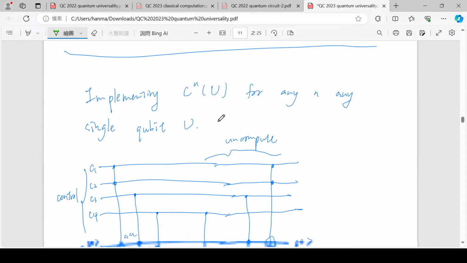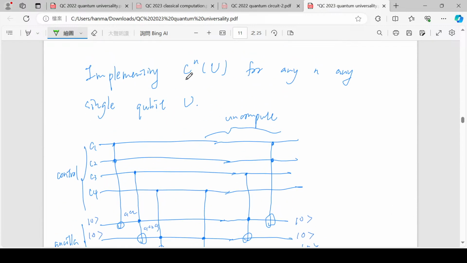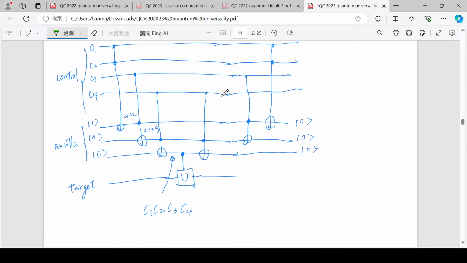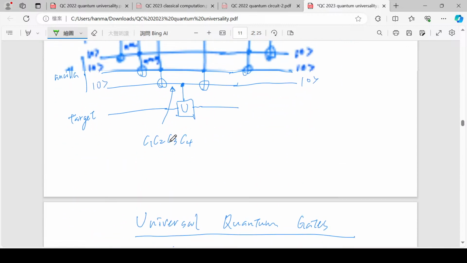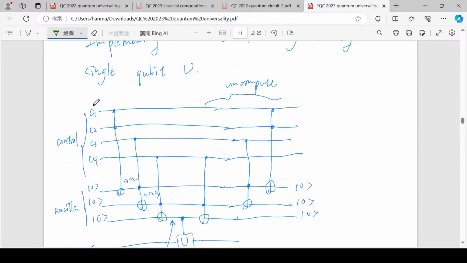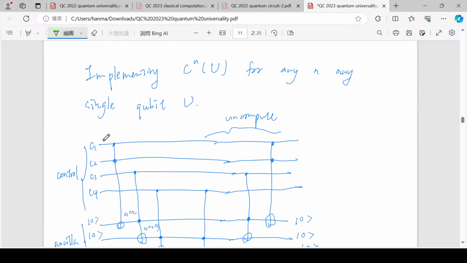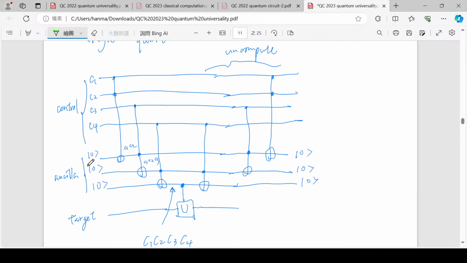Then we want to do control-N U for any single-qubit U, C^N U. Once again, we have a construction here, and this construction is easier to verify, but we need to use a lot of ancillas. So we have a whole bunch of controls: N qubits here are your controls, and here we just take N equal to 4.